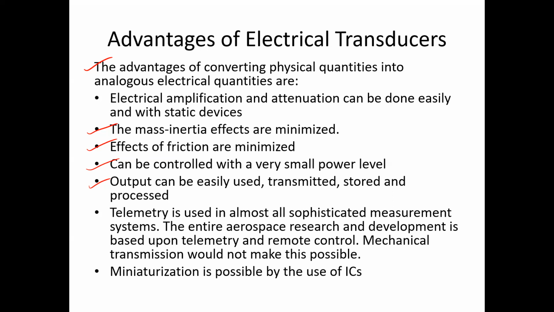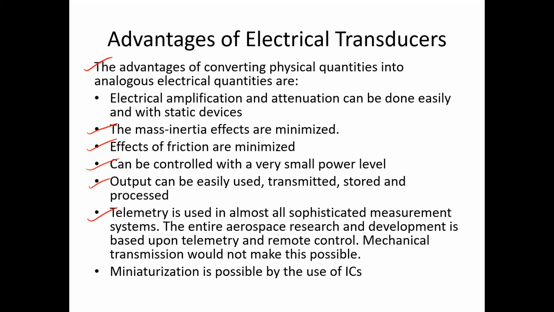From analog to digital conversion, the digitized data can be stored in computers, or displayed using 7-segment displays or LCD or LED displays. So these are some of the advantages of converting a signal into electrical form using electrical transducers. It has been mentioned already that for transferring data to a remote location, it is not possible to transfer mechanical data from one place to another.